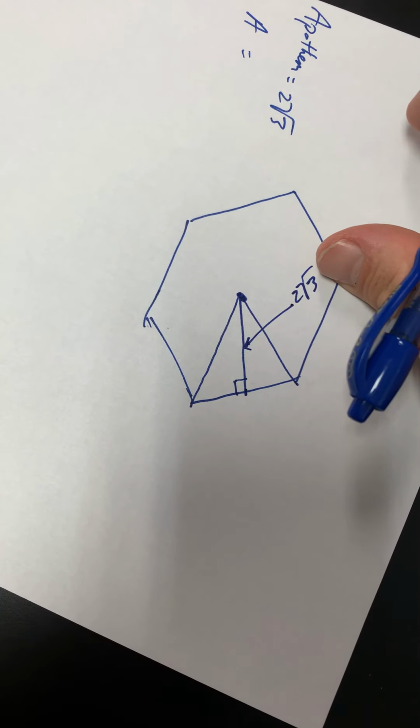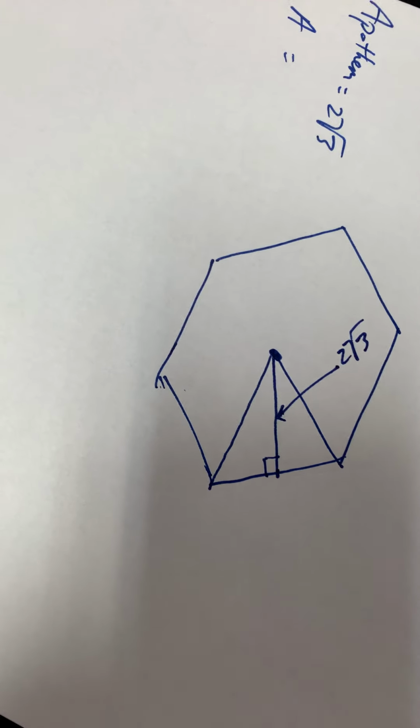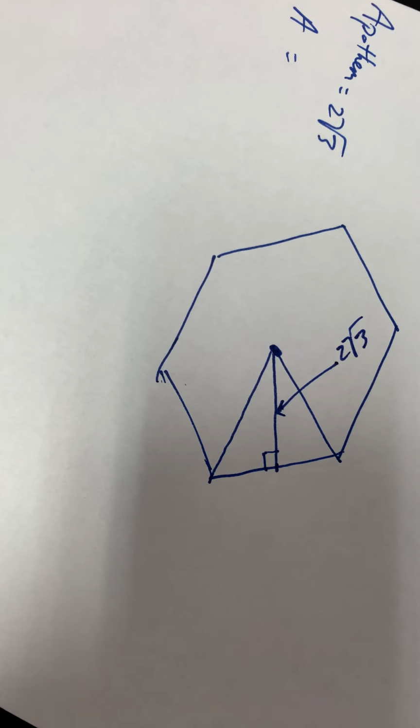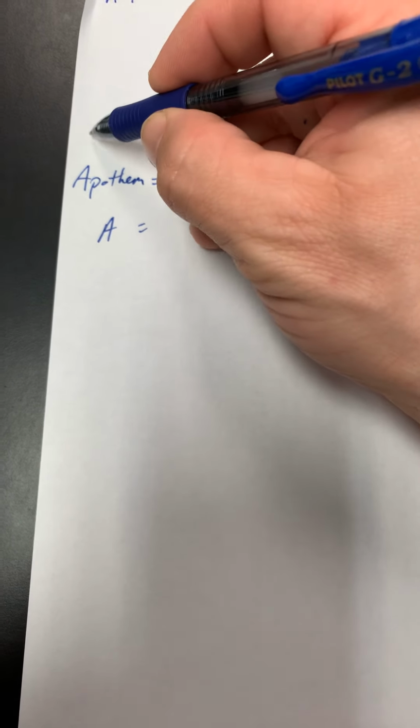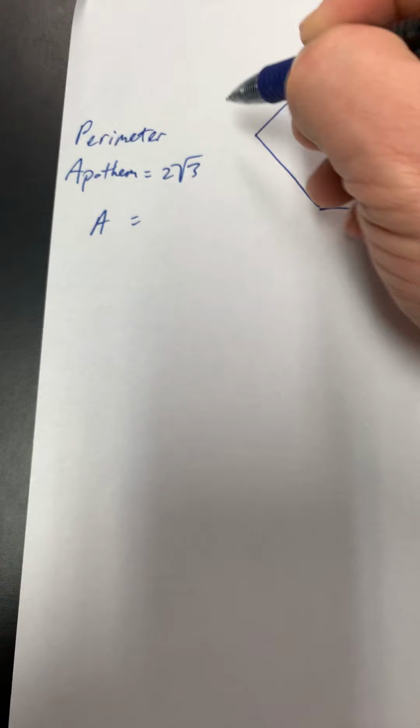Again, there's only two things we need to find the area. We need the apothem and we need the perimeter. That's what we don't have, but we're about to get it.